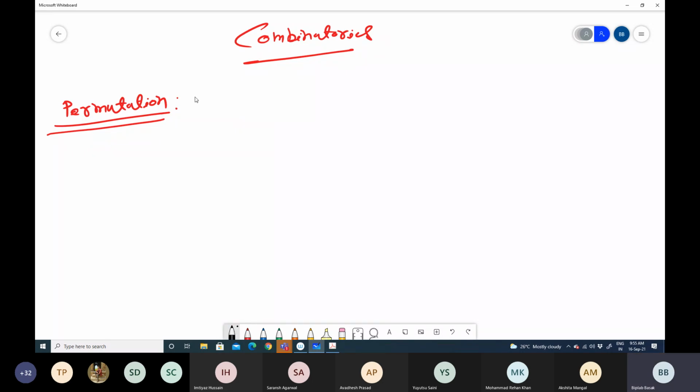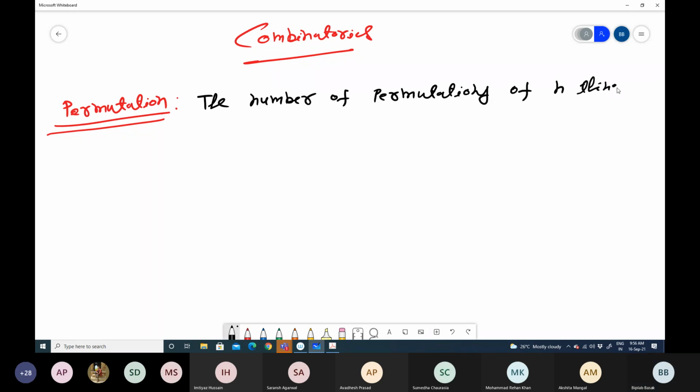So the number of permutations of n things taken k at a time is, so that means you have say a1, a2, a3 up to an.